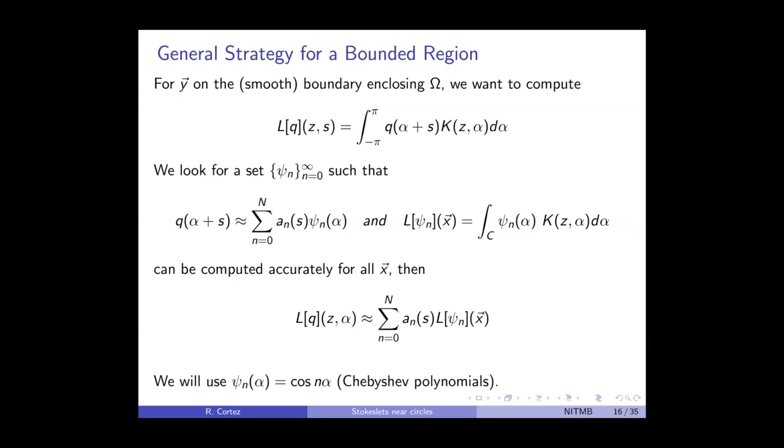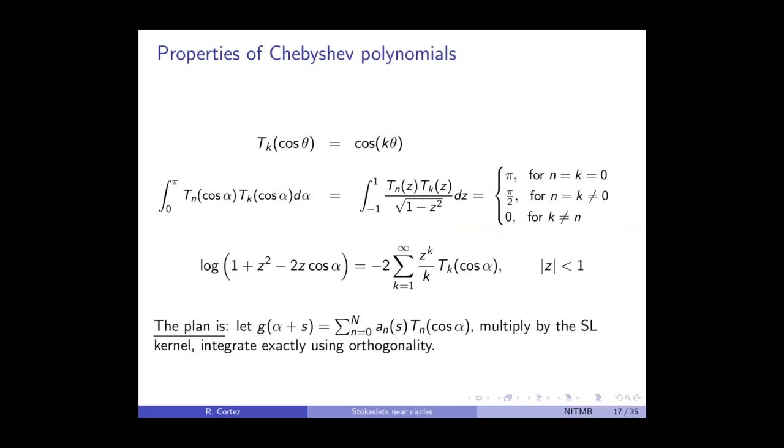Which I've come to love in this project. Why not? So here are some of the properties of Chebyshev polynomials that we're going to use. Coincidentally, not coincidentally, there's a generating function that looks exactly like what we need in terms of Chebyshev polynomials.